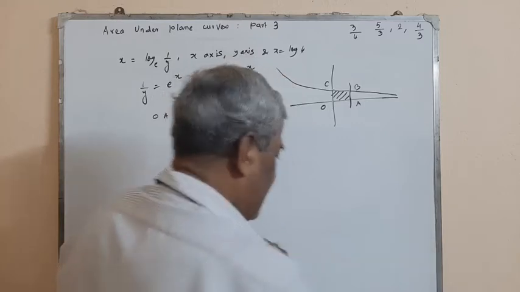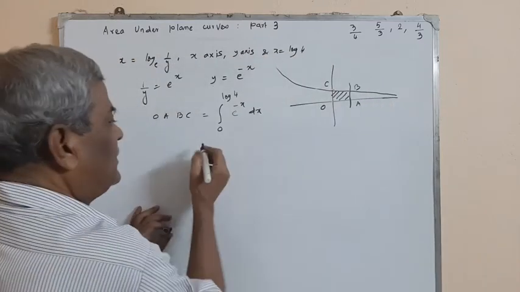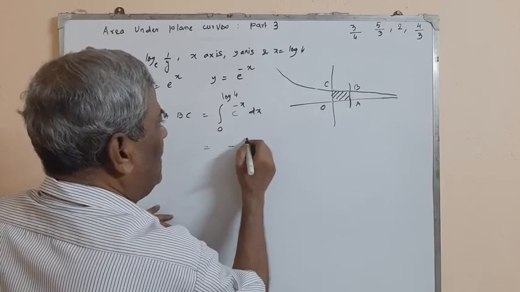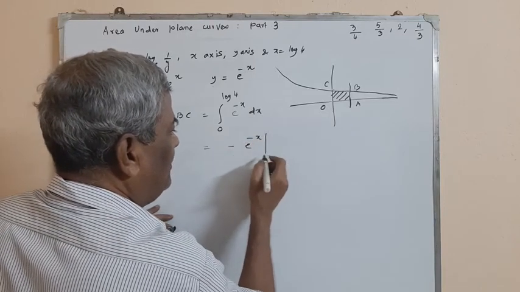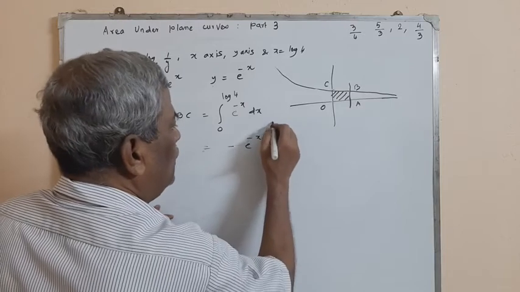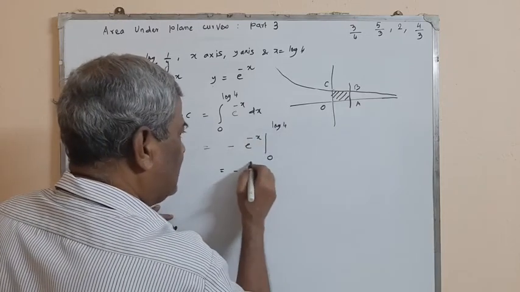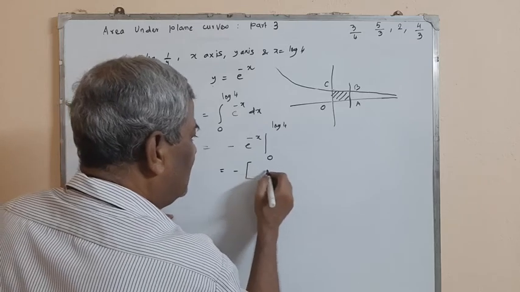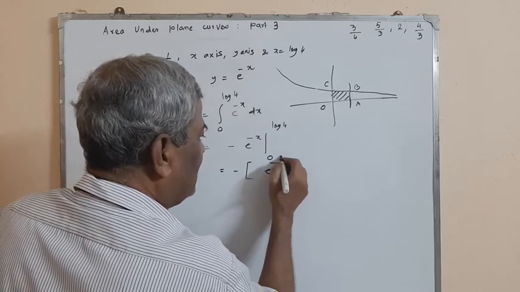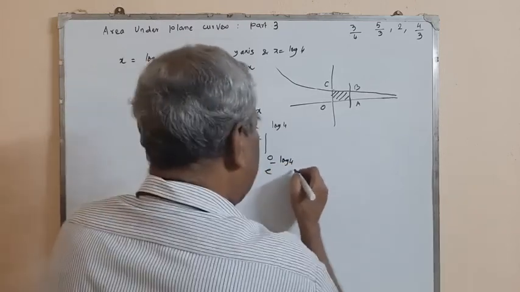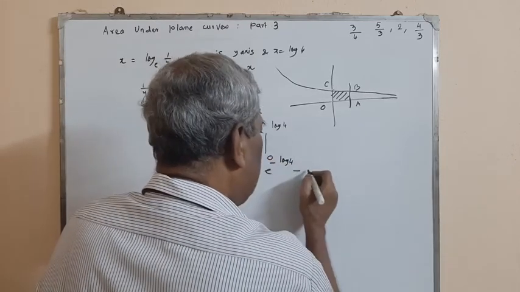So that integration is minus e to the power minus x from 0 to log 4. It is equal to minus e to the power minus log 4 minus e to the power 0.